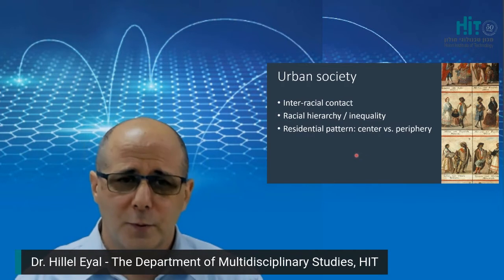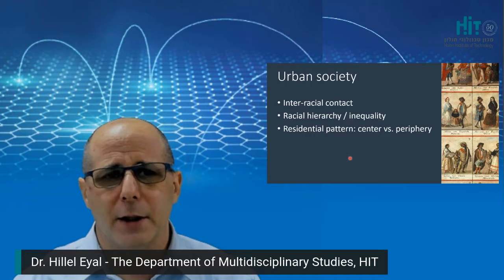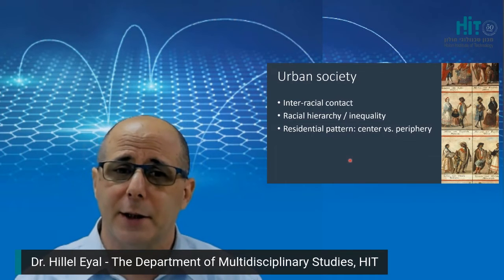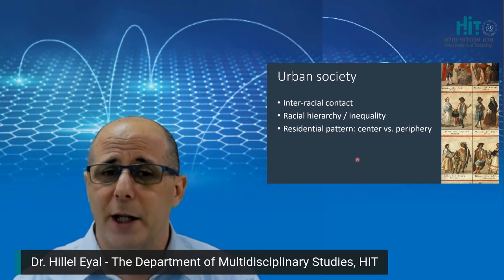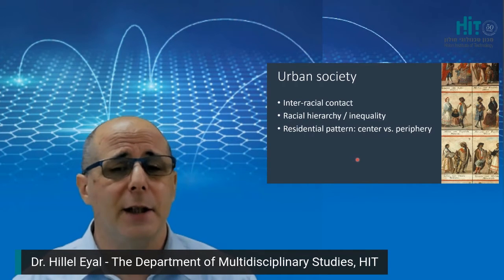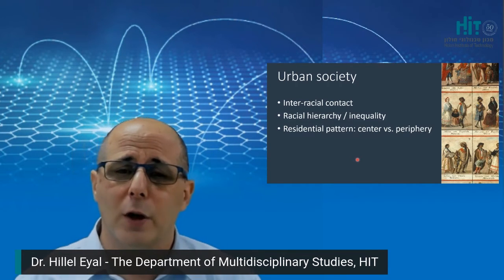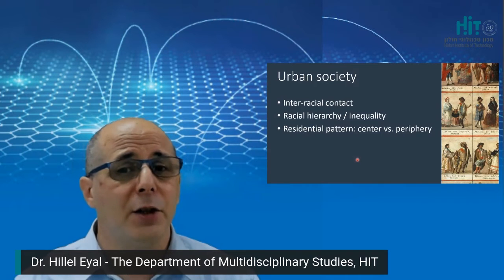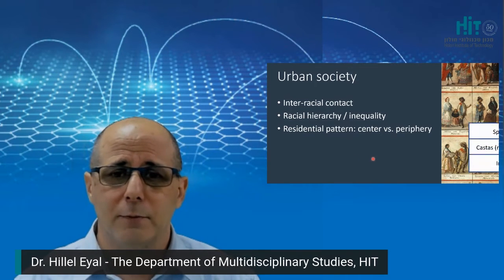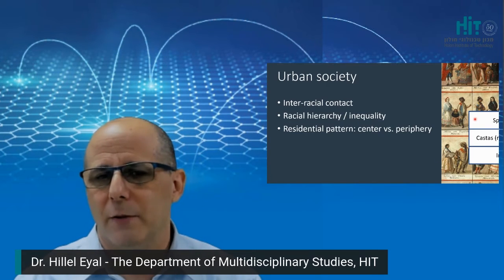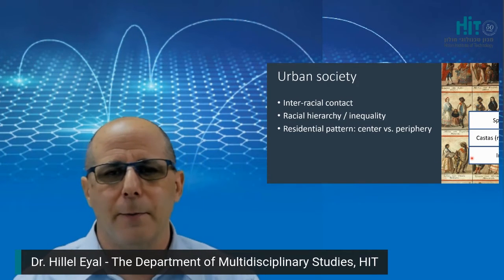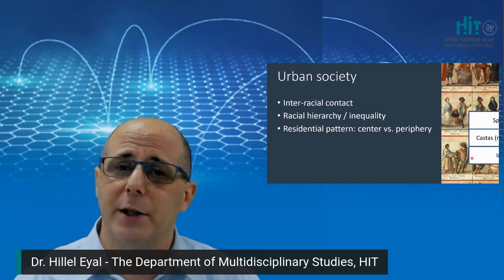Now, we can see that in the residential pattern in the city, in the grid. The center was predominantly Spanish, while the periphery, that is the outskirts of the city, was mainly indigenous. Now here we have a very general division of society into racial groups.